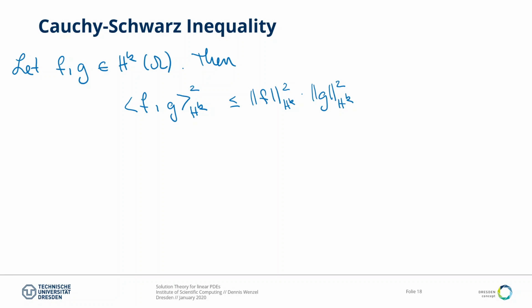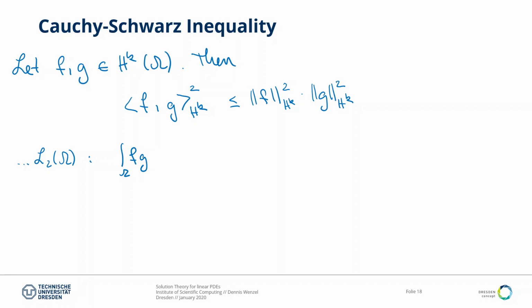Okay, what does this mean in particular? For example, if we look at L2, then this means that the integral over f times g, which is the scalar product here on the left-hand side, and also, of course, you could remove all squares from this inequality and it would still be true, because you can just take the square root on both sides.